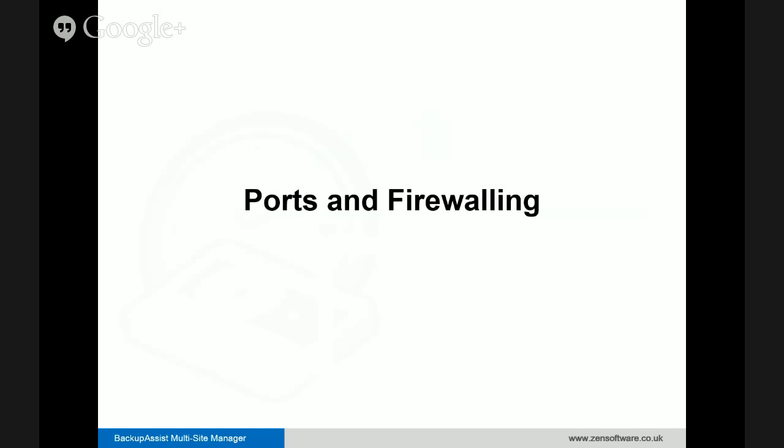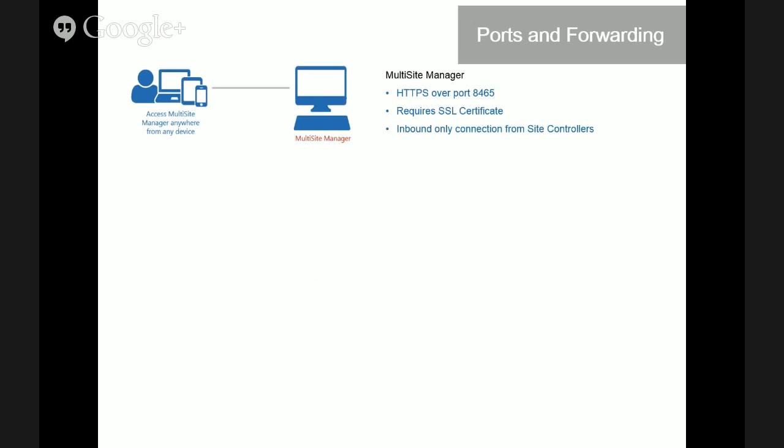So I quickly touched on ports and firewalling, but I just want to mention this in a little bit more depth, because I think this is important to understand if you're trying to set up multi-site manager for the first time. The actual software, the multi-site manager installation, can run over HTTP, but I really wouldn't recommend that in a real environment. So you would generally set it up to run over a single port, a HTTPS service over port 8465 by default. That is configurable if you want to change it, but that's the default port.